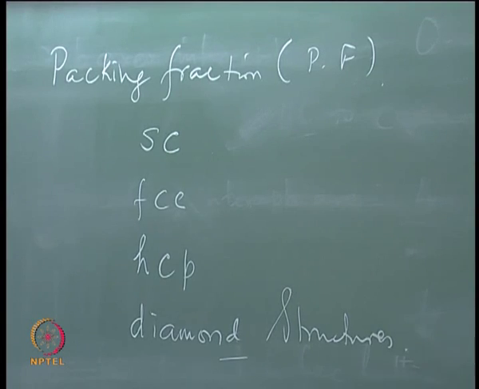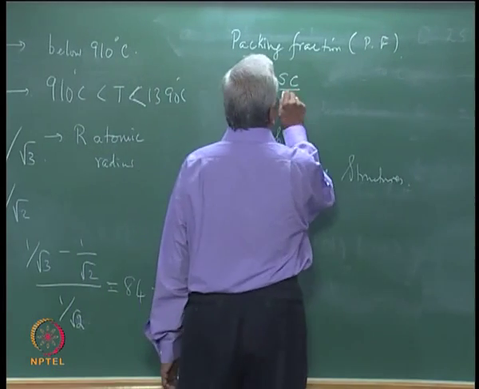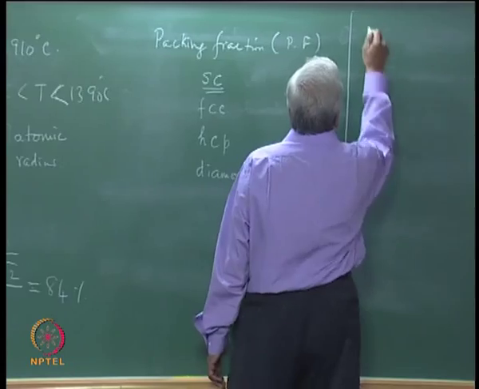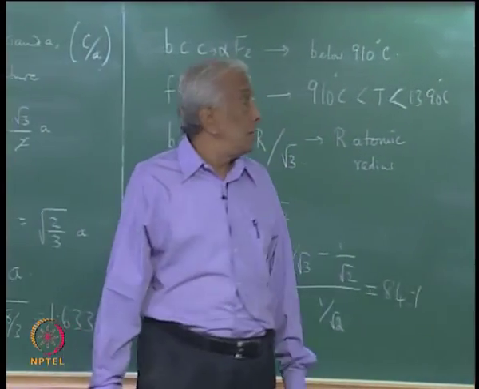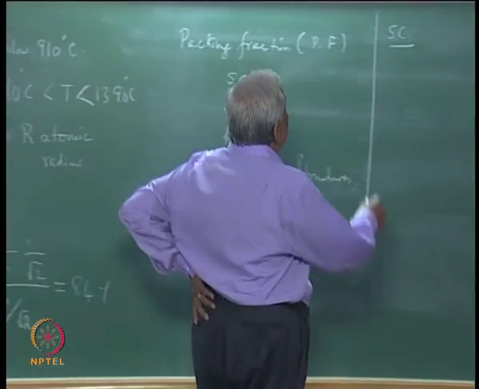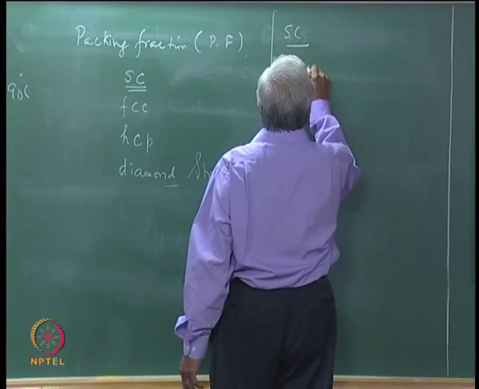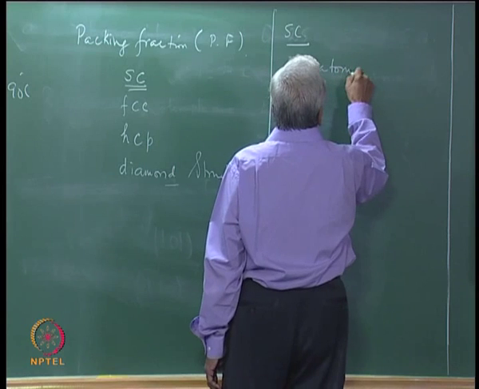We proceed as follows. Let us consider the simple cubic, the simplest. In the simple cubic lattice, we know there is one atom per unit cell.